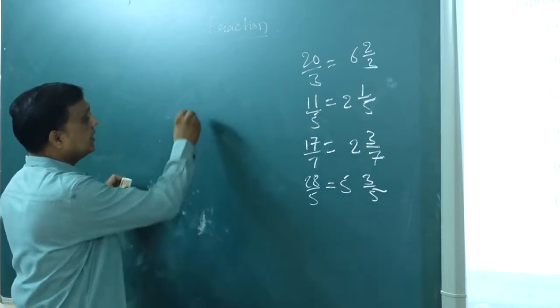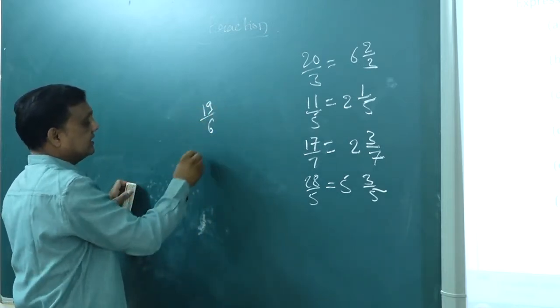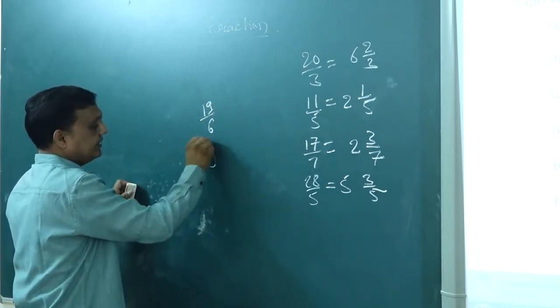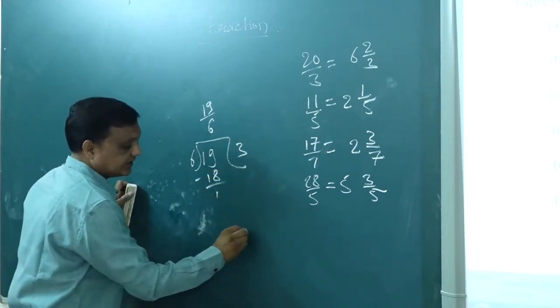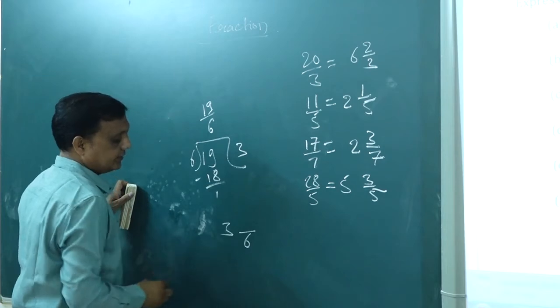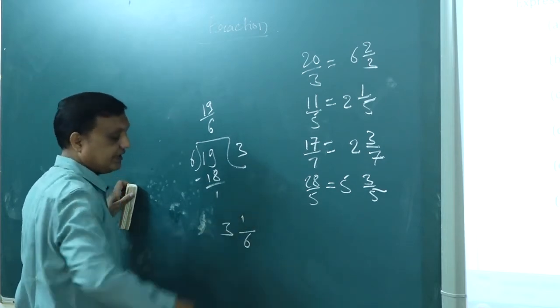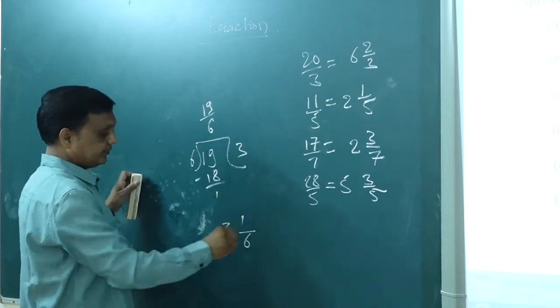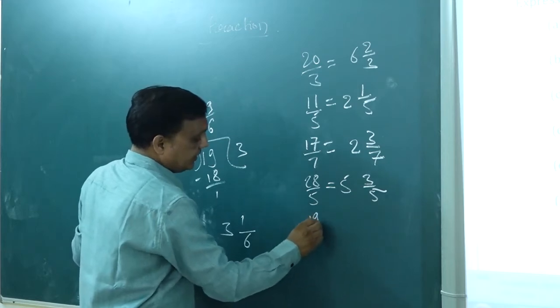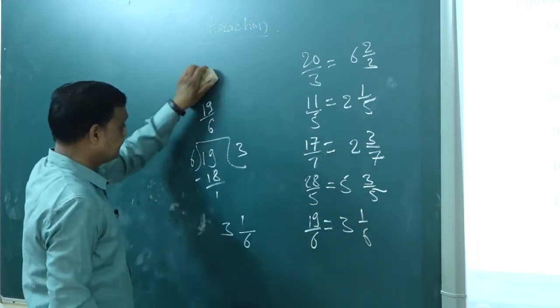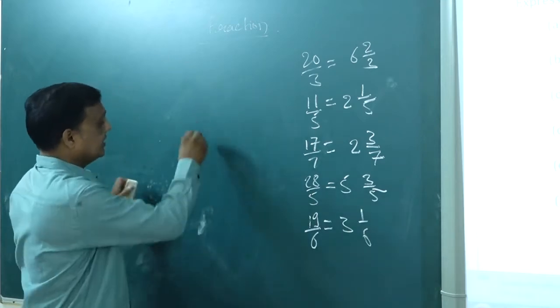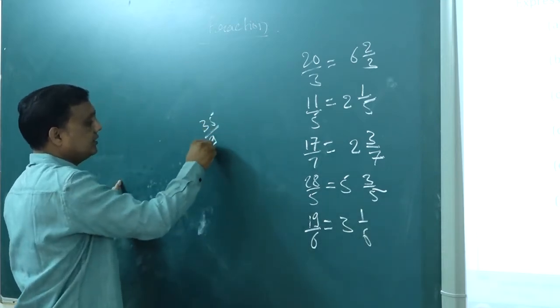Next question, 19 upon 6. 6 and 19 here. 6 3s are 18. 1 remainder. 6 is the denominator, 3 is the whole number and 1 is the numerator. So 19 upon 6 is equal to 3, 1 upon 6. Next question, 35 upon 9.